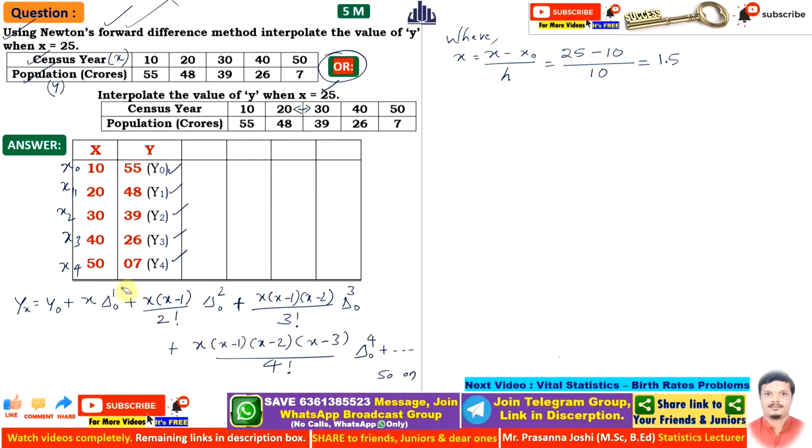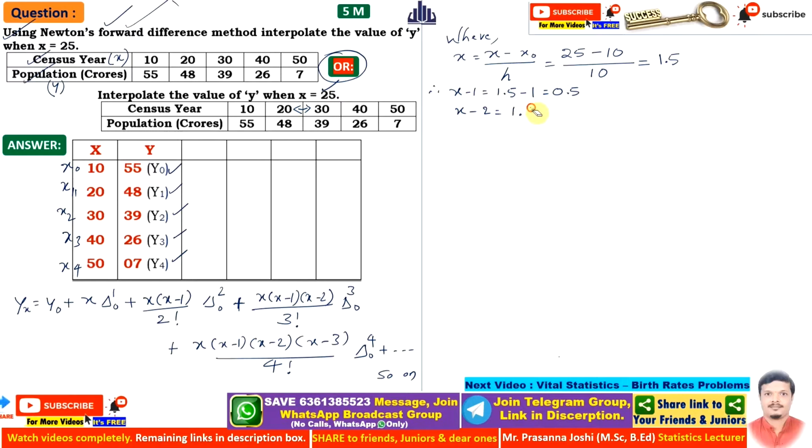So x value we have got. After that, x minus 1, x minus 2, x minus 3 are to be substituted here. That's why let us keep them calculated. Therefore, x minus 1 is equal to 1.5 minus 1, that is 0.5. Then x minus 2 is equal to 1.5 minus 2, which is minus 0.5.